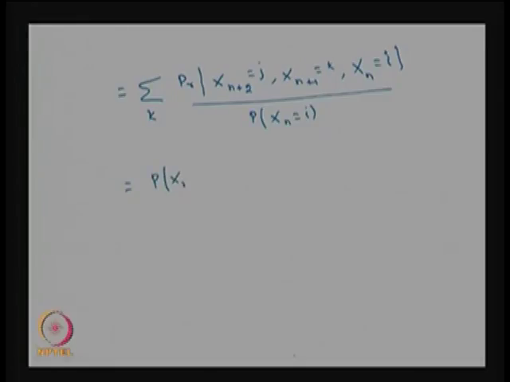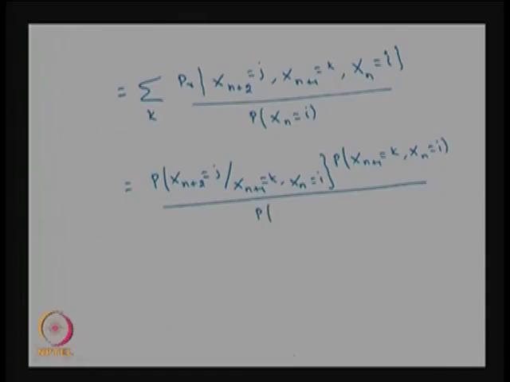What is the conditional probability that X_{n+2} takes the value j given that X_{n+1} takes a value k and X_n takes a value i, times the probability that X_{n+1} takes a value k and X_n takes a value i, divided by the probability that X_n takes a value i, and here the summation is over k.